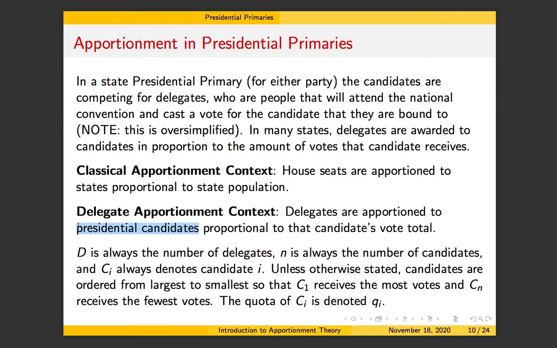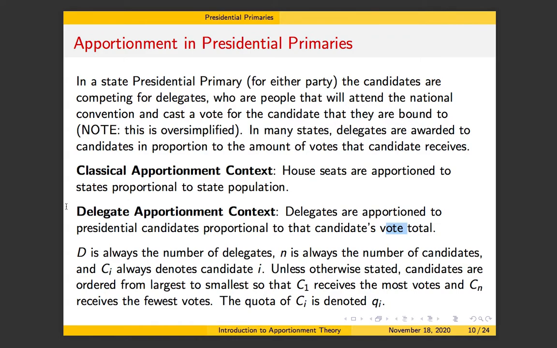Now the presidential candidate is the party, the thing competing for something that must be proportionally allocated. So again, it's the exact same problem. You just make a terminology switch: House seats to delegates, states to candidates, and population to votes. And it turns out it's the same mathematical problem.